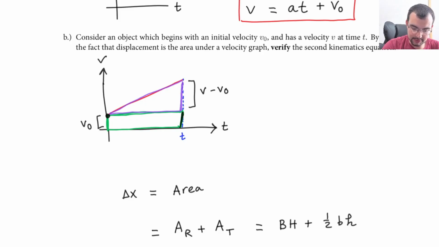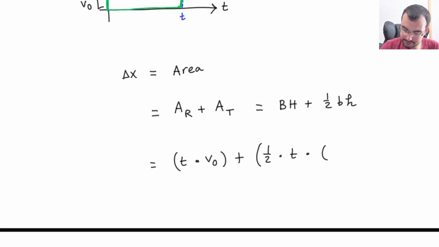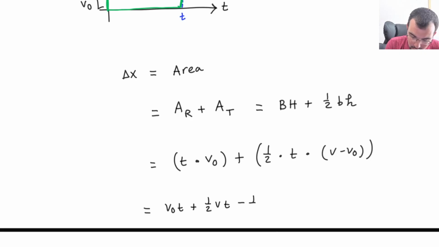Because if this is v0 and the whole thing is v, the difference must be that remaining segment. And now we're just going to do some algebra. So we get v0t plus 1/2 vt minus 1/2 v0t.